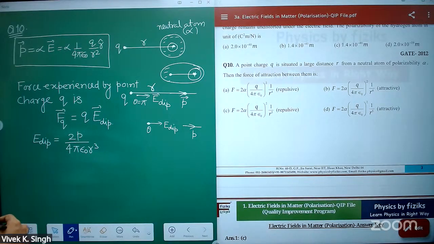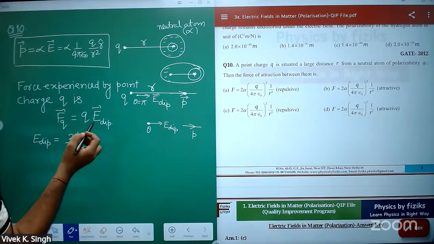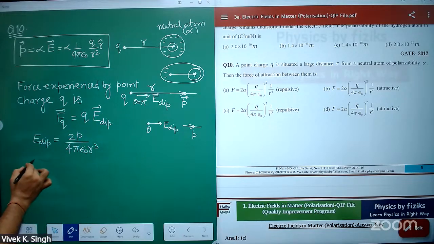Is it clear? So what will be the magnitude of force?